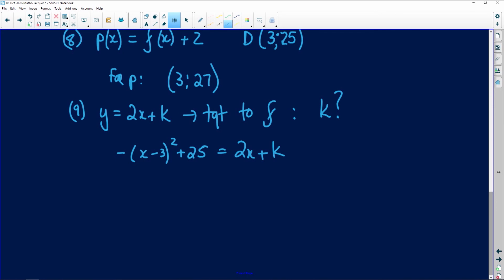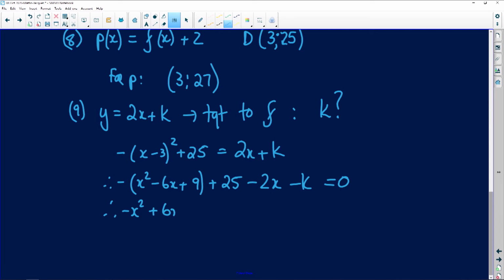Let's get everything distributed so that we can work with this answer. So I get minus, I'm going to work slowly, (x squared minus 6x plus 9) plus 25, throw it to the left, minus 2x minus k is 0. Move the negative in. I suggest, folks, because this is quite a lot of marks you're going to get here, to do this very slowly so you do not make a silly error.